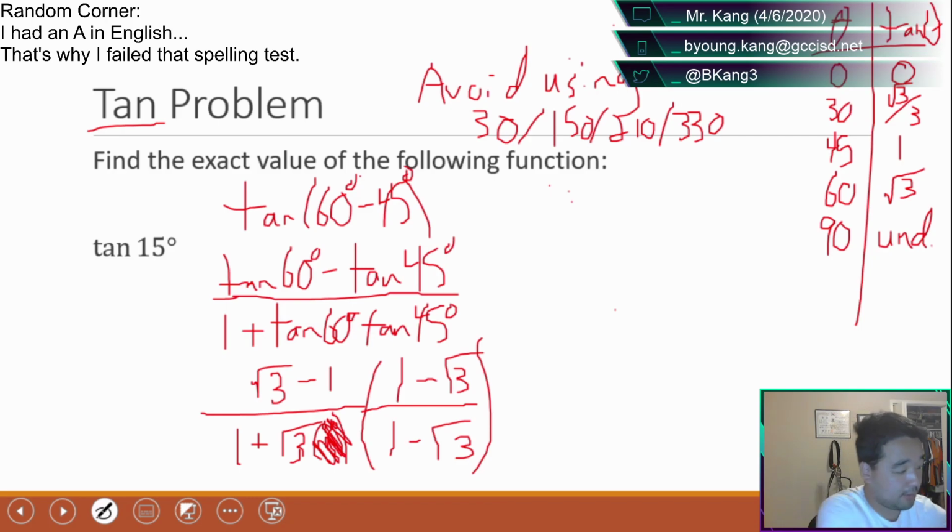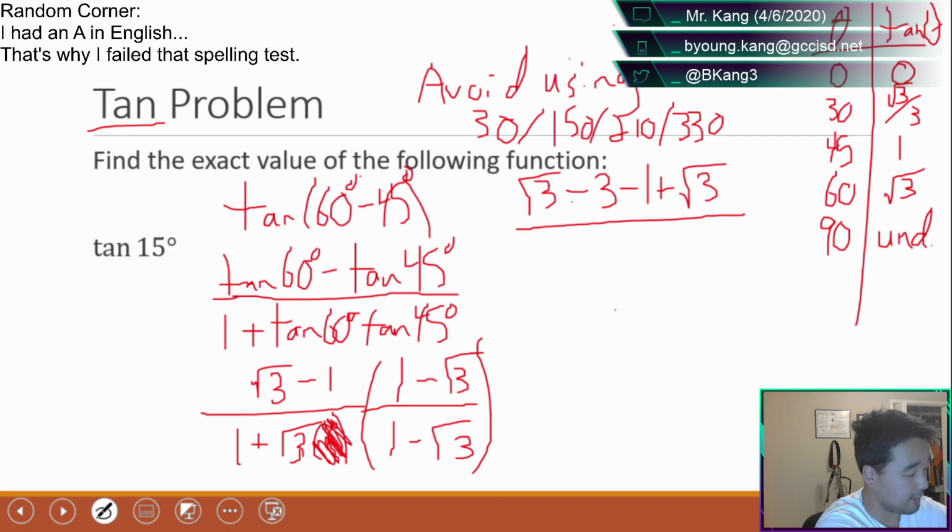So let's FOIL the top and bottom. I end up with square root of 3 minus 3, because when I do that outside multiply, square root of 3 times square root of 3 just ends up being 3. Minus 1 plus square root of 3. Then on the bottom, of course, we picked the conjugate because these square roots are going to end up adding up to 0.